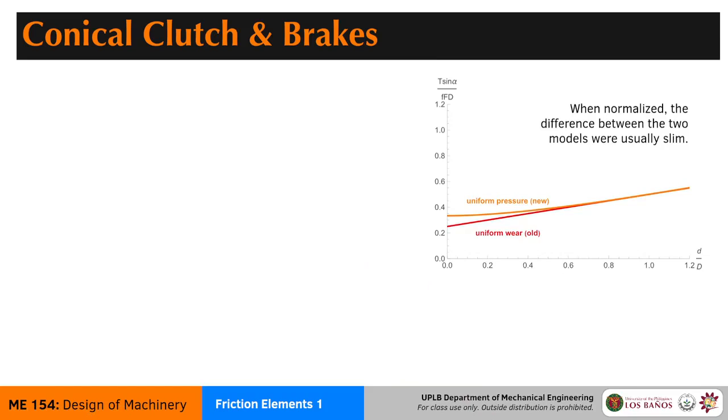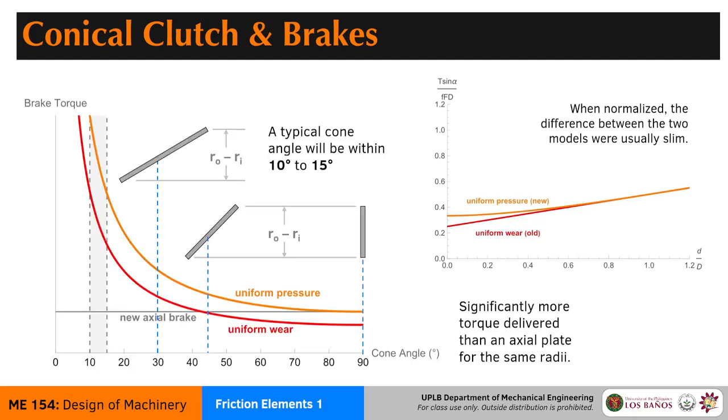However, let's compare plate clutches and cone clutches with the same radii. If they have the same inner and outer radius, yes, the cone clutch will transmit much more torque compared to even a new axle brake. However, as you've seen in the examples, you don't see cone clutches with this amount of area.